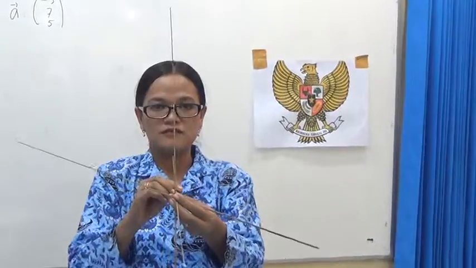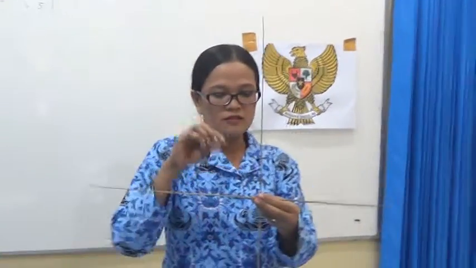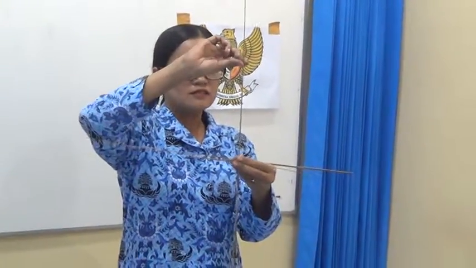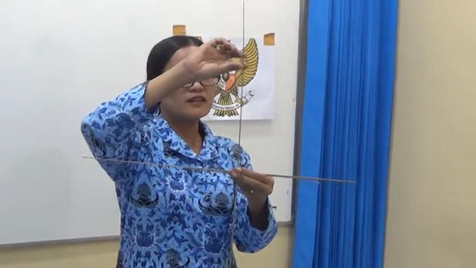Look at that. One more time: take 3 leaflets. One for the X-axis, one for the Y-axis, and the third for the Z-axis.